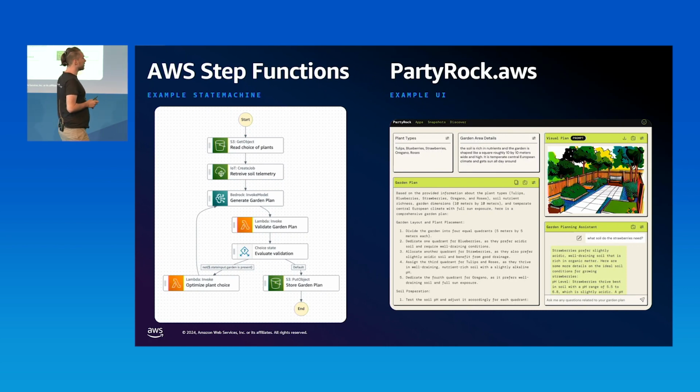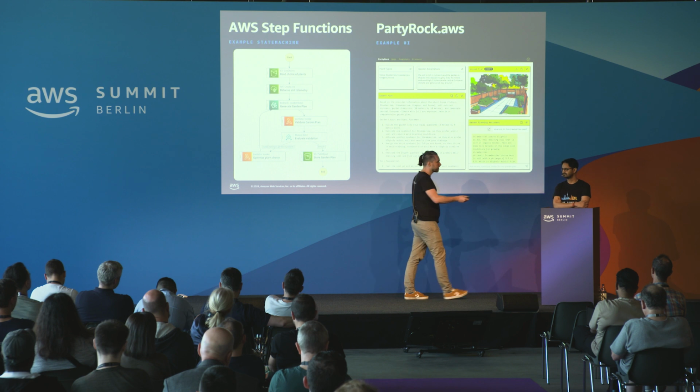It might come up with additional ideas like, why wouldn't you have a garden planning assistant that is aware of your garden plan? So we hadn't even thought about that when we initially prompted it to give us a garden planning app. Now you can see how these two patterns are simple solutions to perhaps more complex problems that you've already been aware of in the past when it came to software design problems. And with that, I'll hand over to Uma.